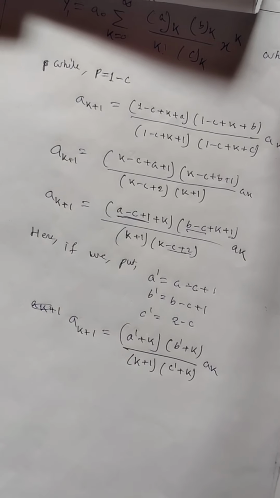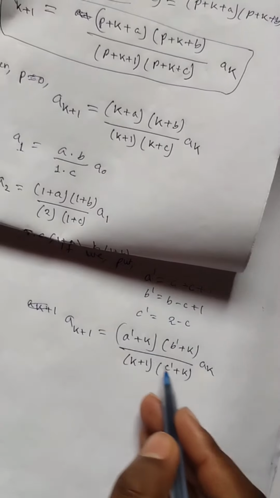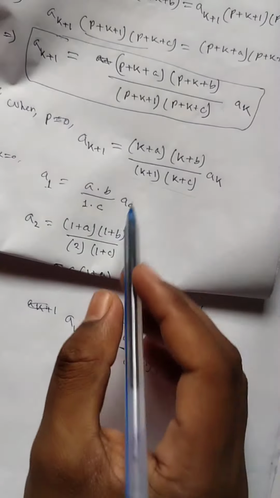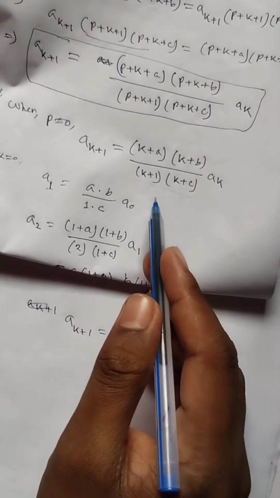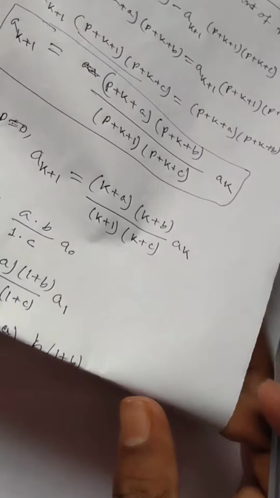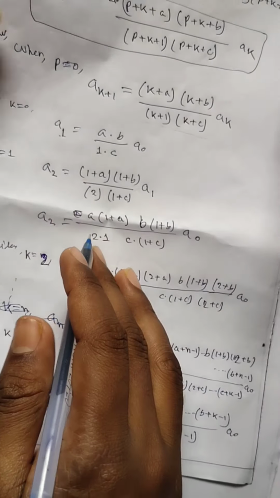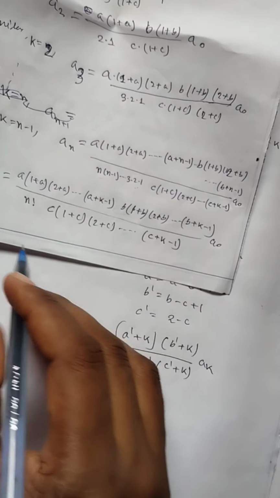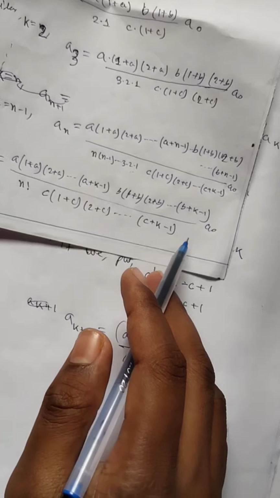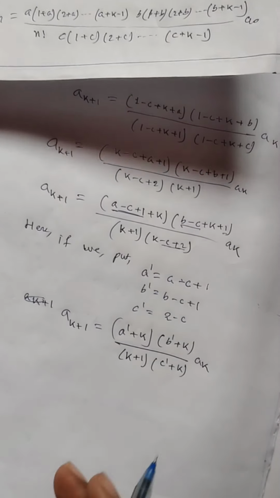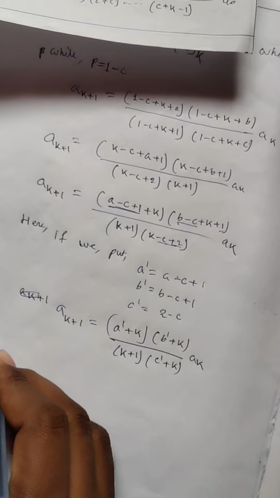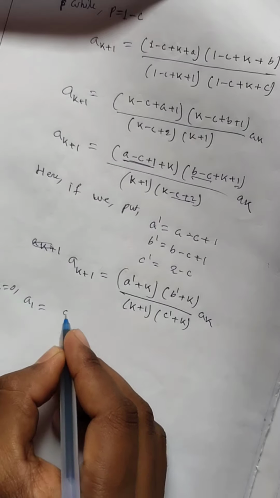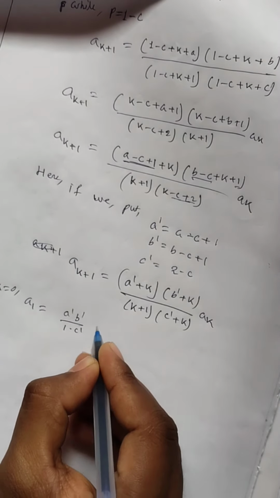So this term is similar with this term, here a and here a prime, b prime, c and c prime. So similarly if we calculate a1, a2, a3, similarly an, so we get this term also, and therefore if we put k equal to 0 then we get a1 is equal to a prime b prime over 1 into c prime a naught.